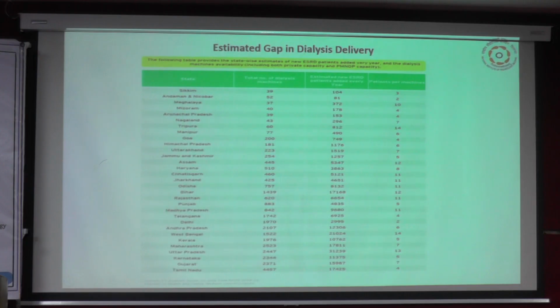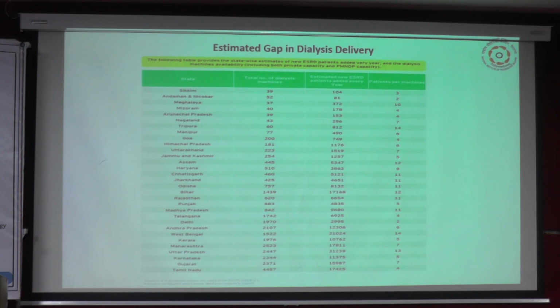These are the estimated gaps in dialysis delivery: the total number of dialysis machines state-wise, and the estimated new end-stage renal disease patients added every year. You can see patients per machine: 3 patients per machine in Sikkim, but in some cases 14 patients per machine, like Tripura.